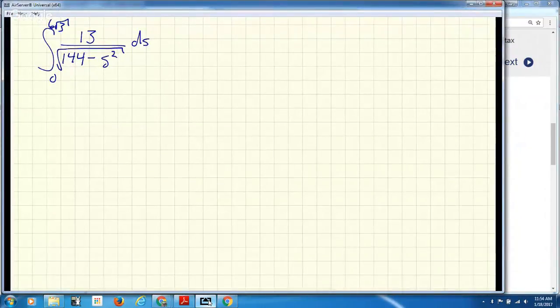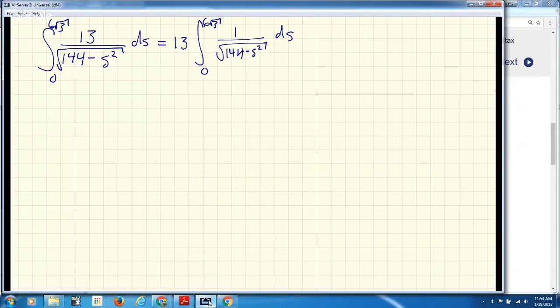All right, so let's see. We can pull out that 13, right? So we have 13 times the integral from 0 to 6 square roots of 3, and that gives me 1 over the square root of 144 minus s squared ds.